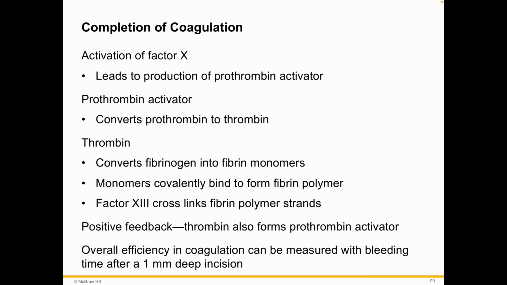So, the completion of coagulation: activation of factor 10, factor X, leads to production of prothrombin activator. Prothrombin activator, as you would guess, converts prothrombin to thrombin. Thrombin is the final stepping stone that is going to open up that fibrinogen.